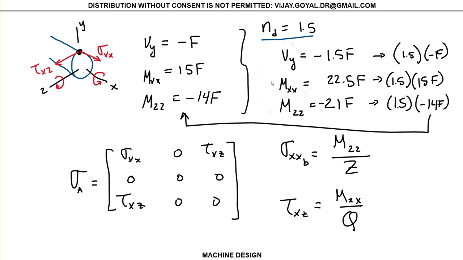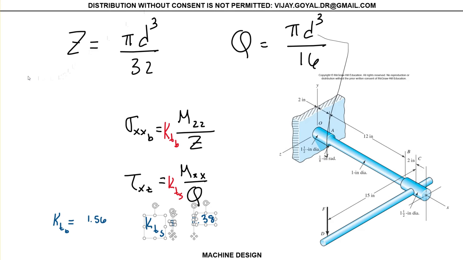The only thing that's different now in this particular problem is that I need to multiply this by KTB and I need to multiply this by KTS. So these values are important, whereas in the previous case that was not so important. Nothing else is changing. The only thing that we're going to change now are these two values that are important in the analysis.